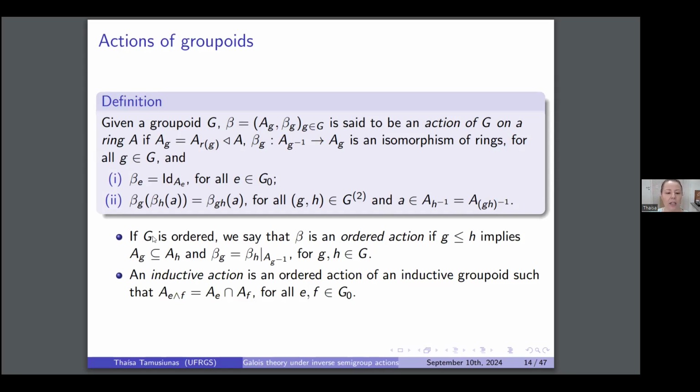And if G is ordered and also inductive, an inductive action is an ordered action of an inductive groupoid such that the ideal indexed by the meet of e and f is precisely the ideal indexed by e intersected with the ideal indexed by f.